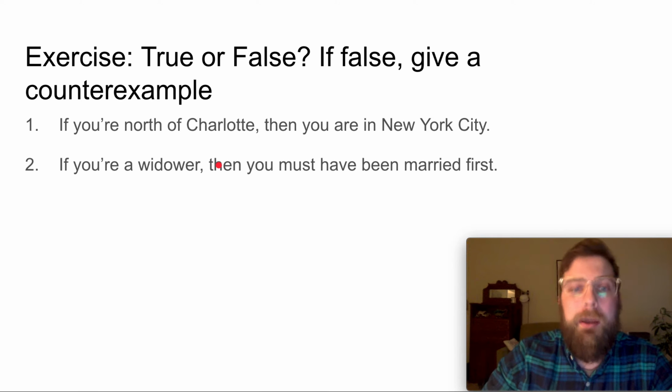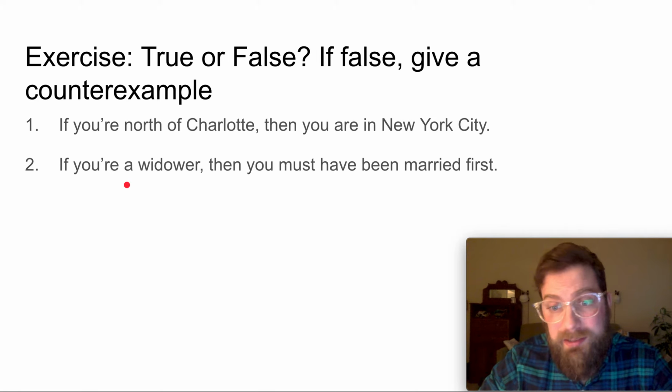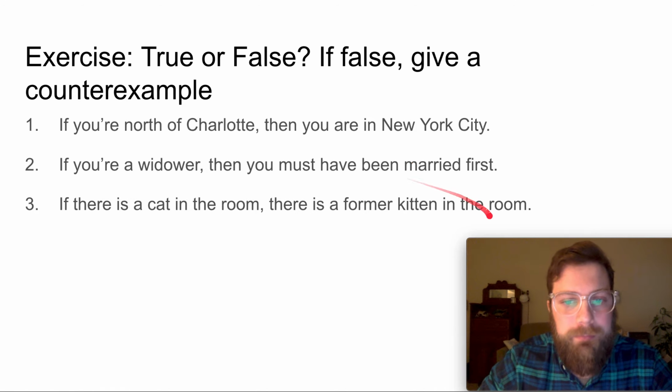And when we think about it that way, we realize that it's impossible for the antecedent to be true and the consequent to be false. That is to say, whenever you have a widower, that's a person who must have been married at some earlier time. So that's a true conditional.